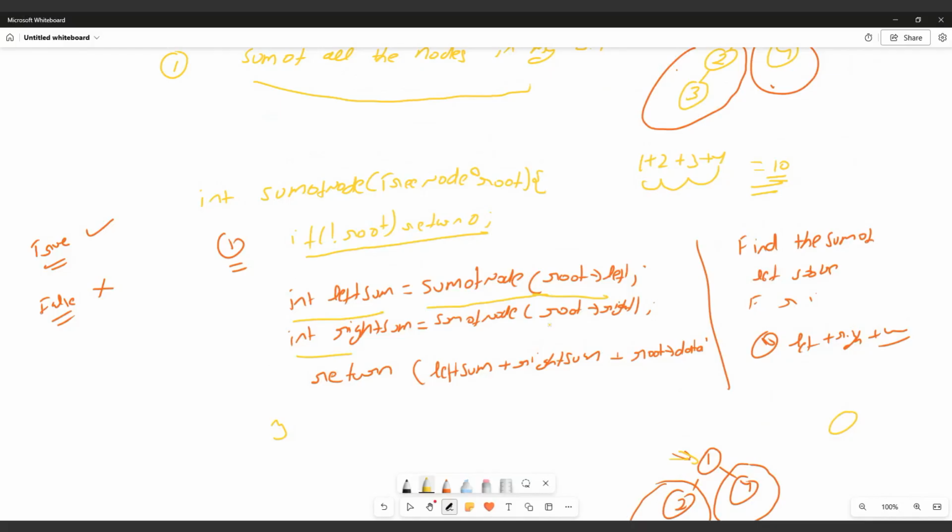Then just return the left sum, the right sum, and the root's value. Is it clear now? If we try to write the piece of code for it, the code is very easy.